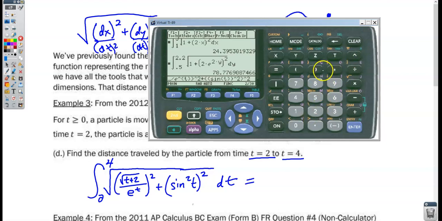I guess I could have just done sine to the 4th of t, and close the radical. Now we're going to integrate that with respect to t from 2 to 4. And hopefully I put all the parentheses in the right place. We'll see when I hit enter and what it outputs for me.